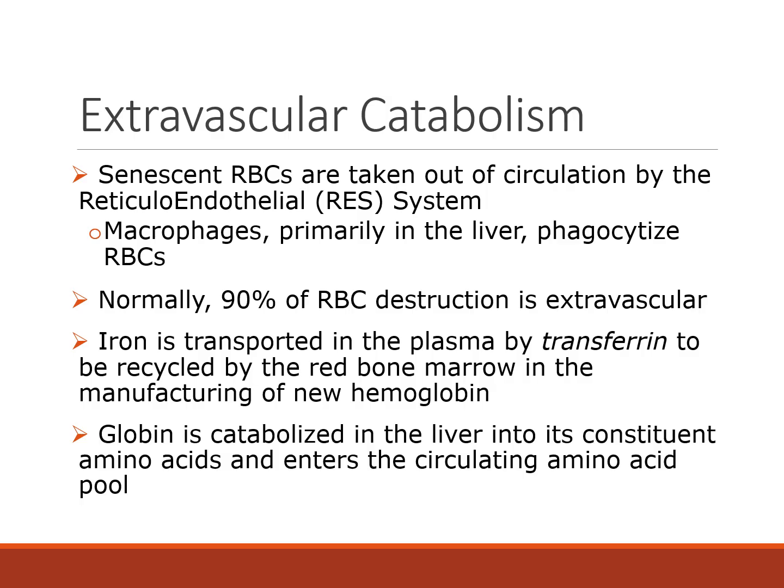And normally about 90% of red blood cell destruction is extravascular, meaning it takes place outside of the vessels. Iron is transported in the plasma by transferrin, that is our transporter protein for iron, to be recycled by the red bone marrow in the manufacturing of new hemoglobin. The globin is then catabolized in the liver into its constituent amino acids and then enters the circulating amino acid pools for recycling.